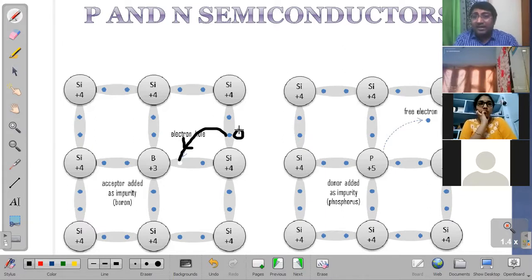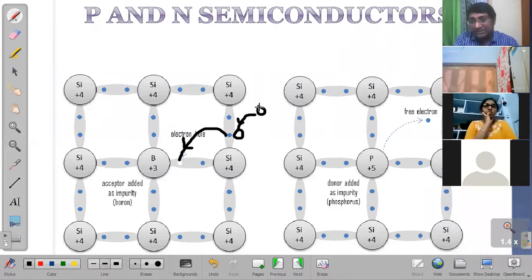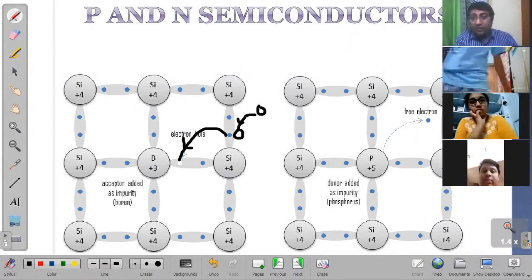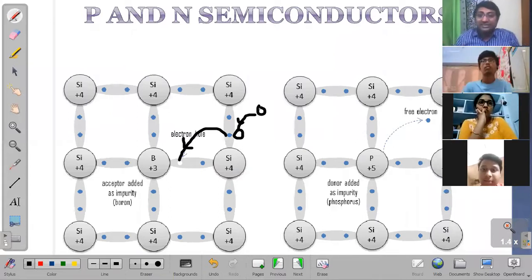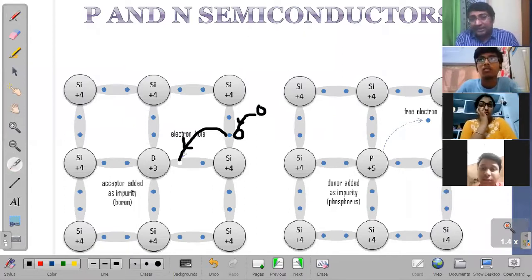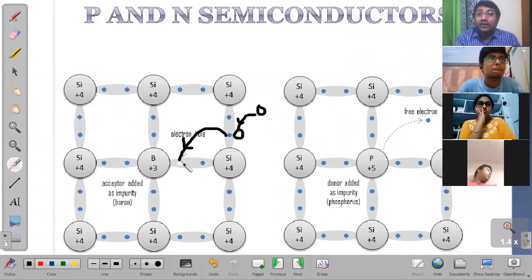Similarly, from another location, another electron would jump over here, and a new hole will be formed at that new location. This relative movement of the hole, we call it movement of the positive charge. Okay, so that's the concept of holes for a p-type semiconductor. And to summarize, when you add an element which has fewer electrons to contribute, you get holes.